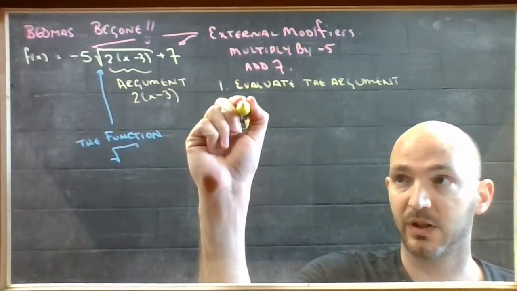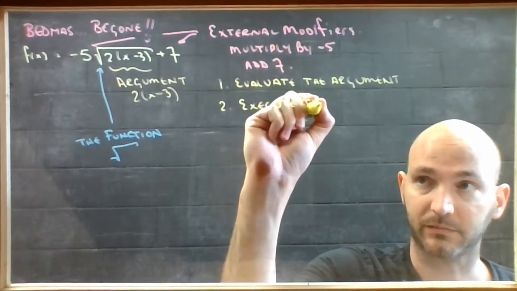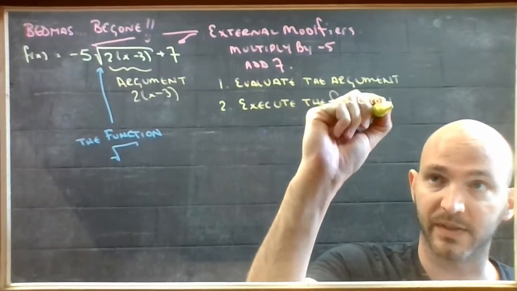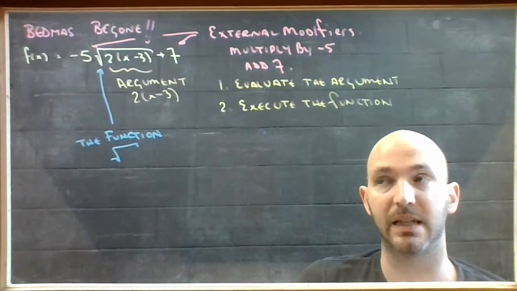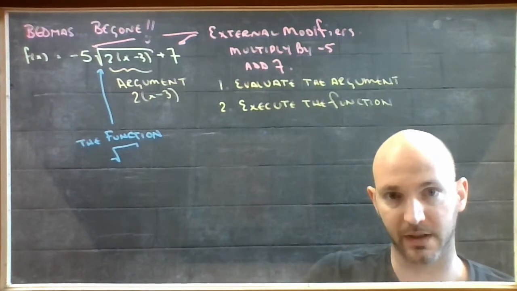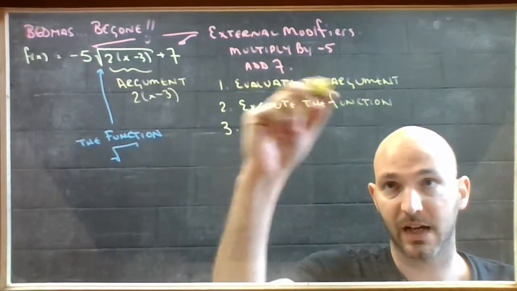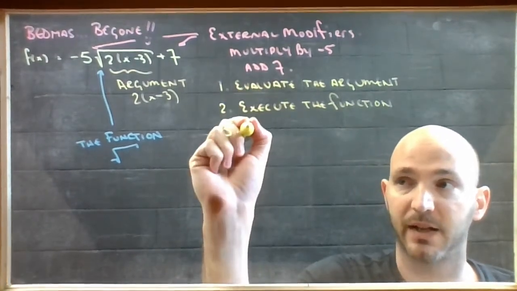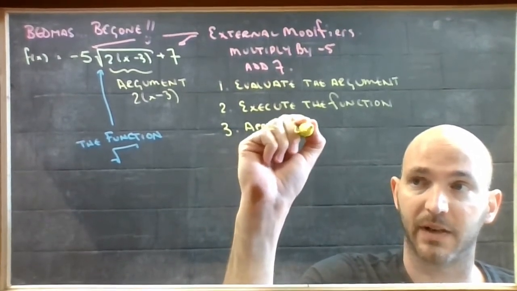Number 2, you execute the function. So if it's a square root, you square root it. If it's a ln, you push the ln button. If it's e to the x, you do e to the whatever and get your answer. Number 3, after you've decided what number's going in and you've executed the function, you modify appropriately. So you apply external modifiers.